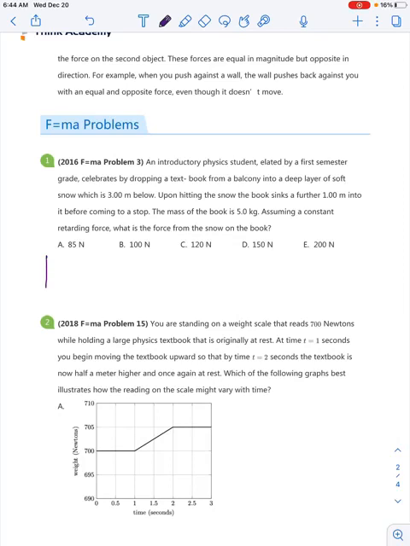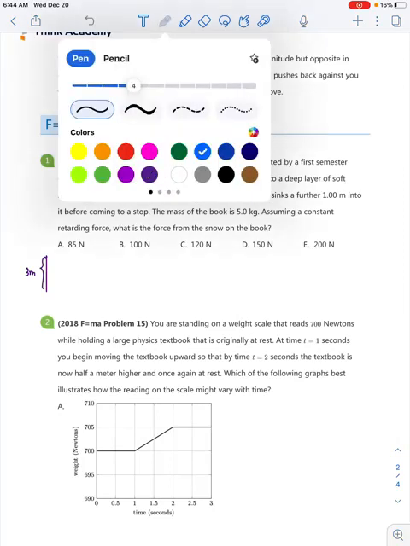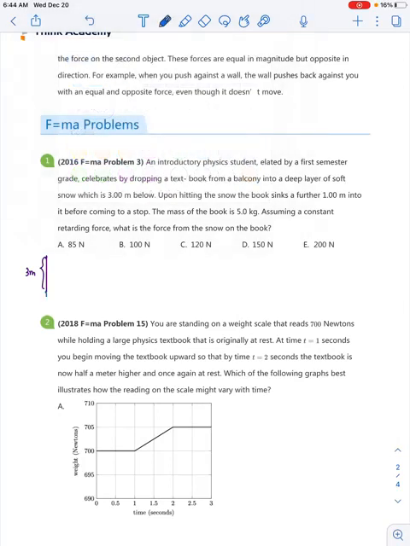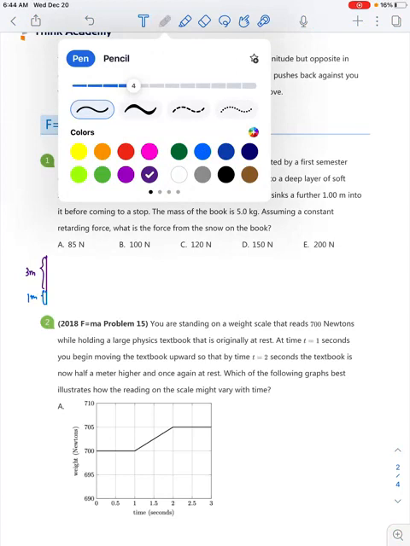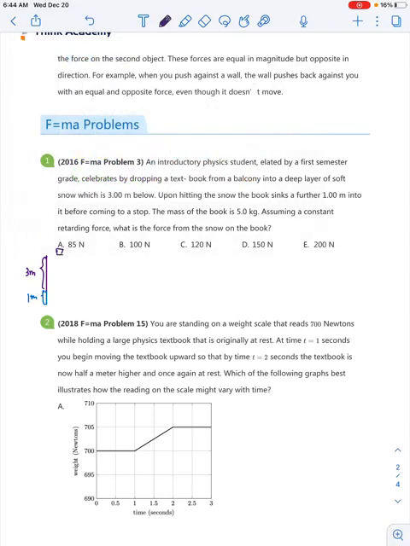First of all, we have a 3 meter drop from the balcony to here, and then we also have 1 meter of snow over here. And then we have the textbook first drop onto the snow, and of course there will be only gravity in this process.